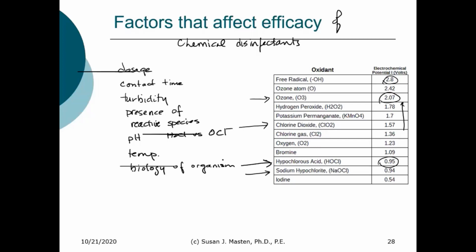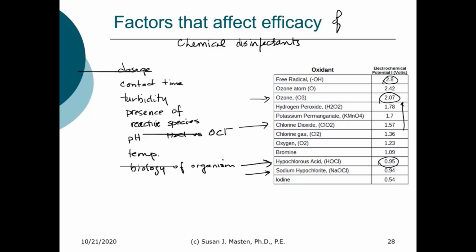The biology of the organism, the type of organism, how susceptible is that organism? Even for the same organism, different bacteria will have different susceptibilities. Just like if you think about living in a house with different roommates. One of them comes down with the flu.